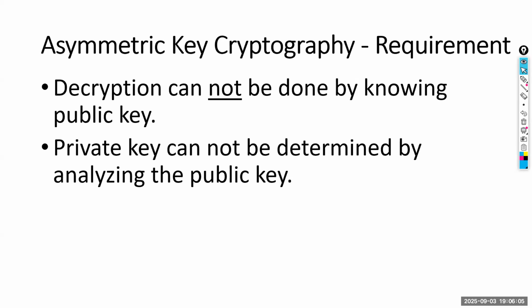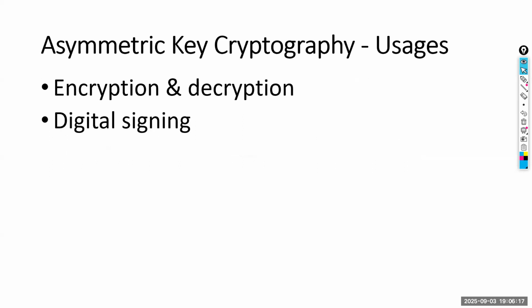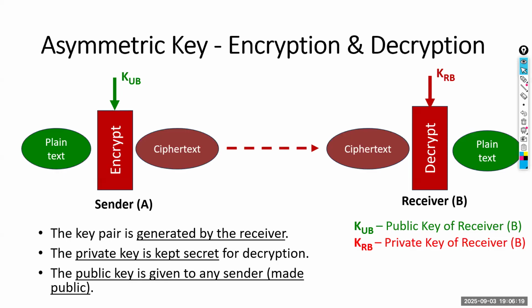So in encryption, decryption, the sender gets the public key, or anyone gets the public key. So sender can encrypt, but even sender can't decrypt. Okay. So this is how encryption, decryption happens. So the receiver generates the two keys.